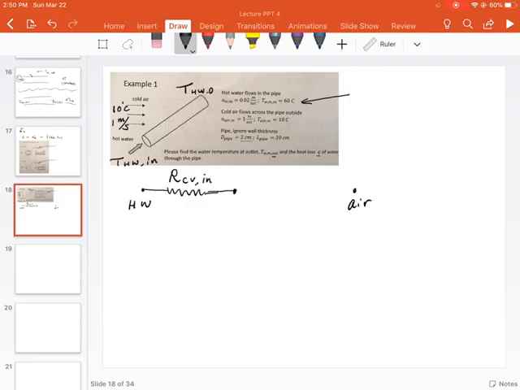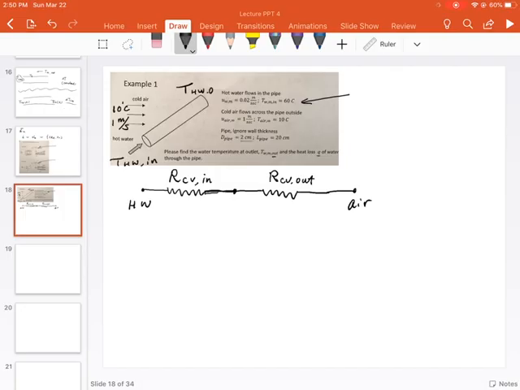And then the heat will go across the pipe and then go to the air. And from the pipe to the air, it is also by convection outside.